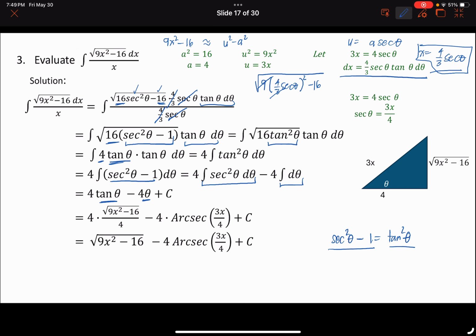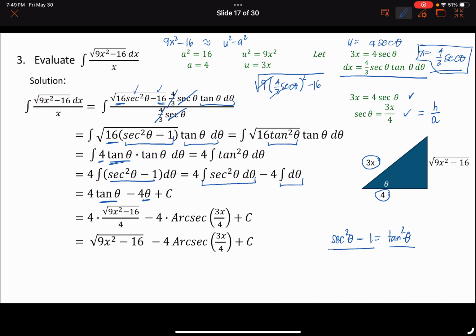Let's go back to the substitution that 3x is equal to 4 secant theta. So secant theta is 3x over 4. We're going to form a triangle. Secant theta is hypotenuse over adjacent. So the hypotenuse is 3x and the adjacent side is 4.